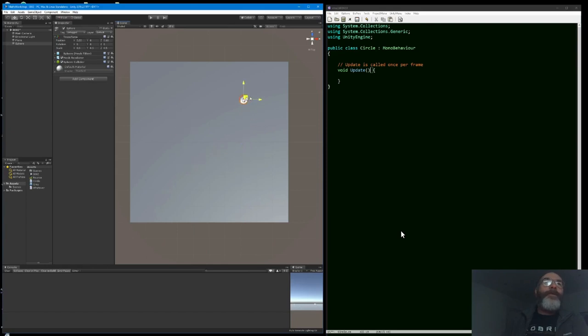So let's see, if I put this here at the center, I want it to start moving around in a circular motion. So how would you do this? Because there's more than one way of doing this. So here's the way that everybody would immediately do it, in the naive way, if you will.